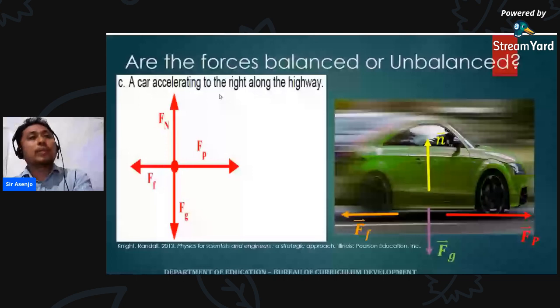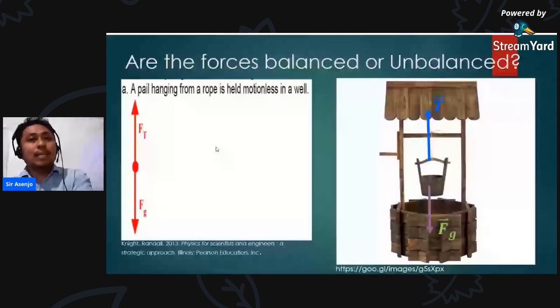A pail hanging from a rope is held motionless in a well. It's hanging on the rope. There's a tension force, but it's motionless. It's not moving. Based on our free body diagram, the length of the arrows is the same, meaning it is a balanced force.